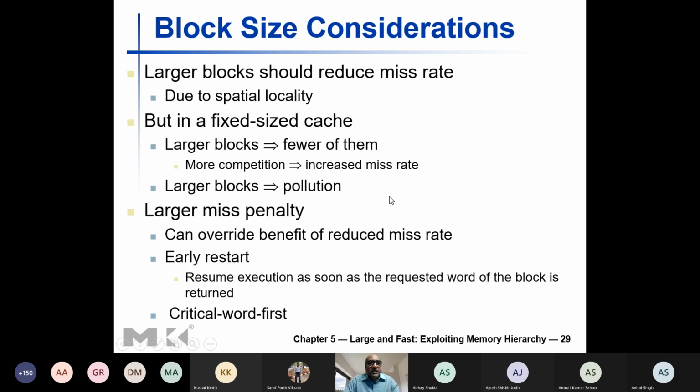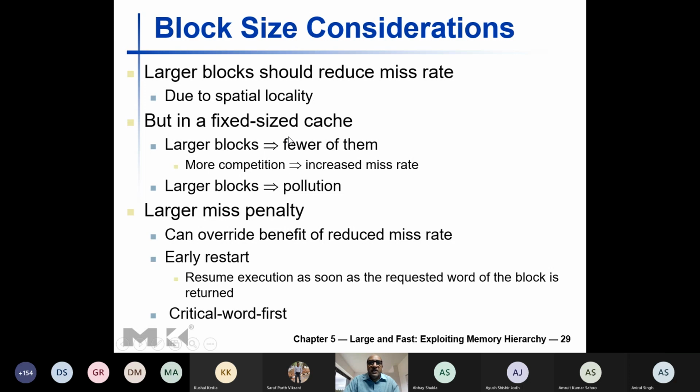Coming to the different block size considerations, as we have seen, larger blocks reduce the miss rate because of spatial locality. As you have a larger block, the spatial locality is enhanced, and because of that the miss rate can come down.